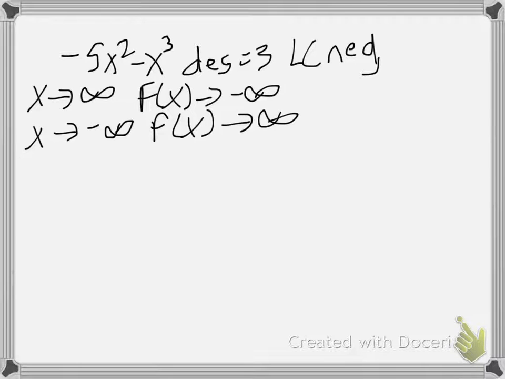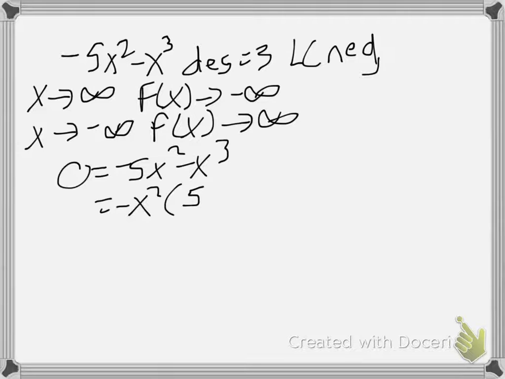Okay, the zeros and the multiplicity, well, we need to factor this. So we have 0 equals -5x squared minus x cubed. I'm going to pull out the -x squared, and that gives me 5 plus x. I'm just going to rewrite that as x plus 5 because it's the same thing.